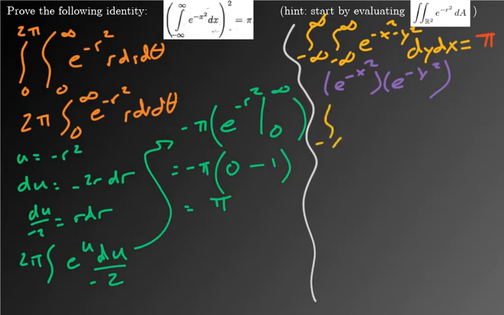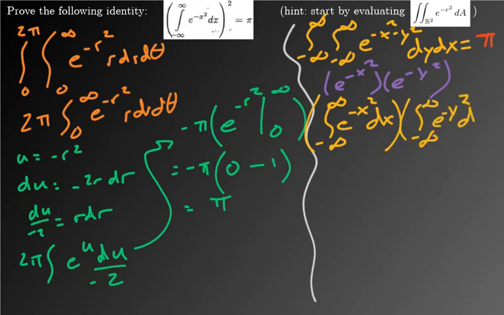So I can think of these as multiplications of integrals: the integral of e to the negative x squared dx multiplied by the integral of e to the negative y squared dy. One of them is dependent on just x and one of them is dependent on just y, so I can just multiply them. And this is the trick to prove this thing.